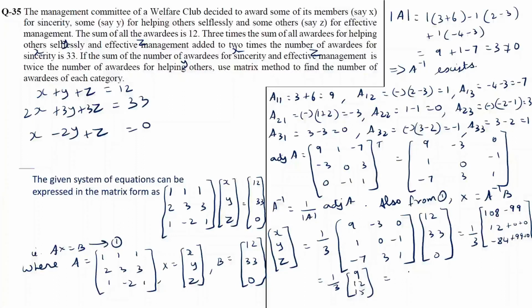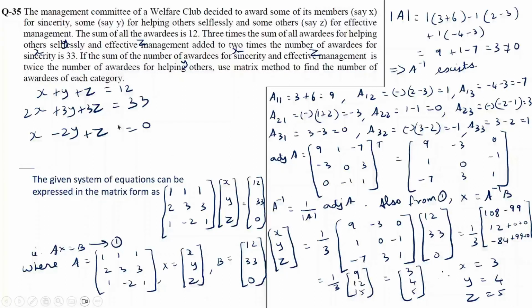When we divide each of these by 3, we will get 3, 4 and 5. The first row corresponds to x, second row to y and third row to z. Therefore, x equal to 3, y equal to 4 and z equal to 5. So these are the values of x, y and z.